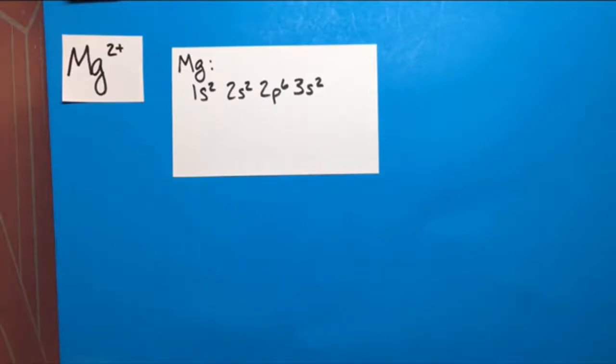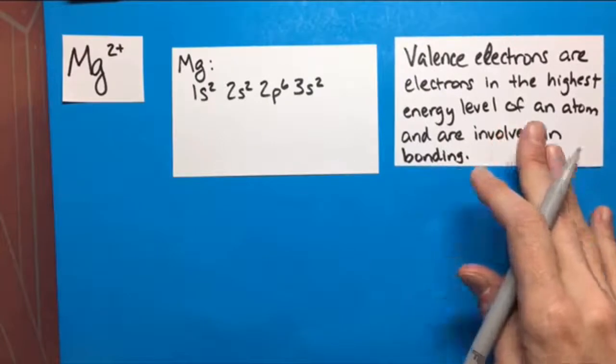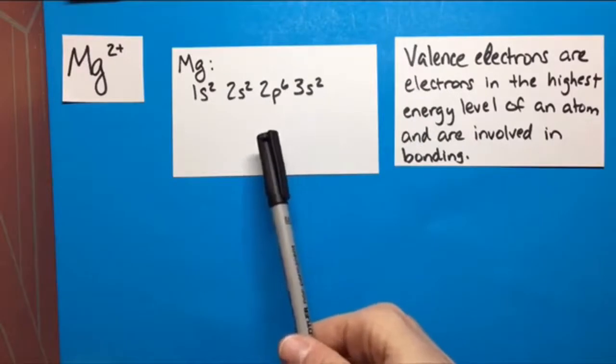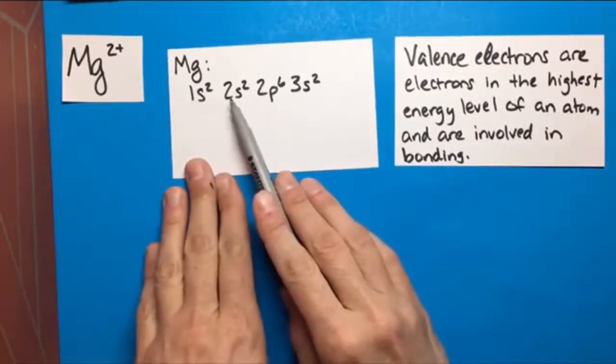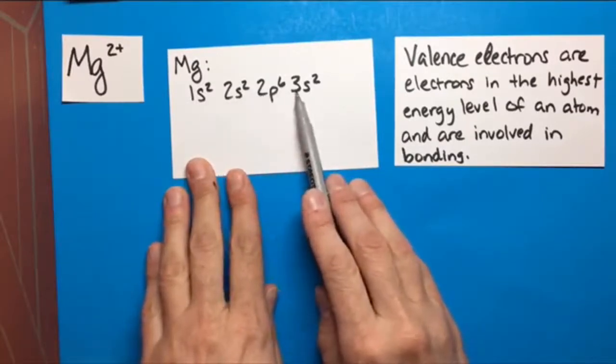Now, valence electrons are electrons in the highest energy level of an atom, and they are the electrons involved in bonding. If we look at magnesium, we see energy level 1, energy level 2, this is also energy level 2, and this is energy level 3.